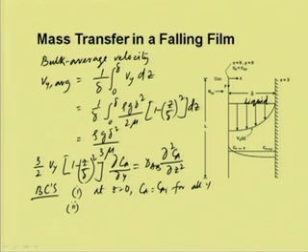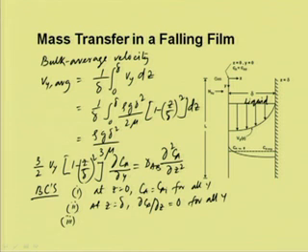Secondly, at z equal to delta, del C A del z will be 0 for all y, that is no diffusion takes place in the solid wall. And third, at y equal to 0, C A will be C A naught for all z.